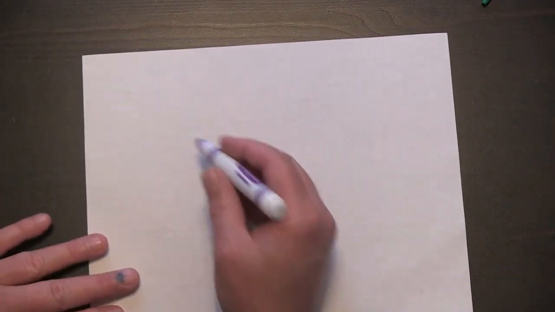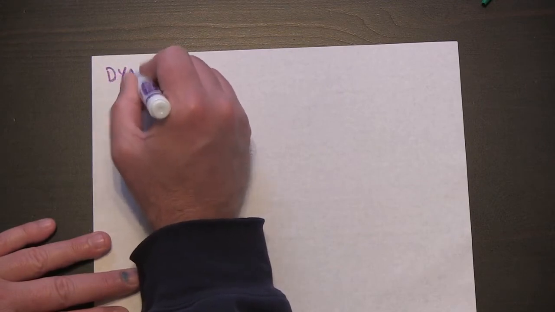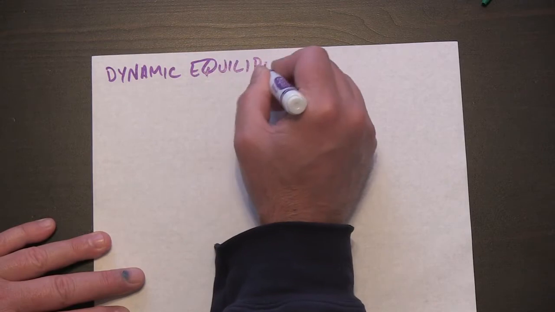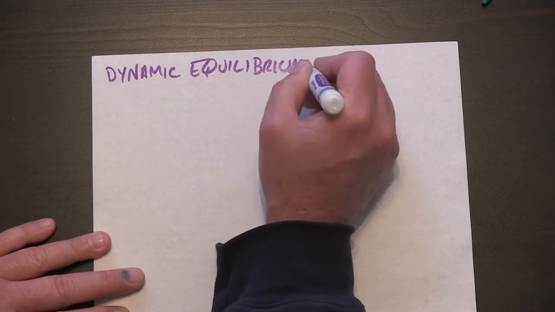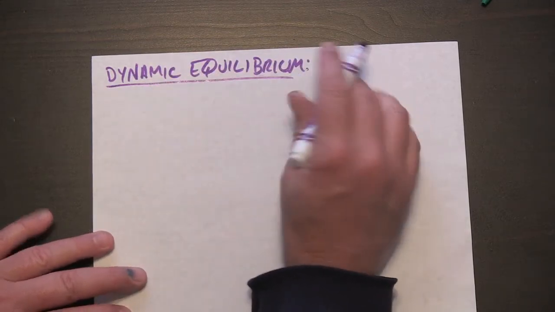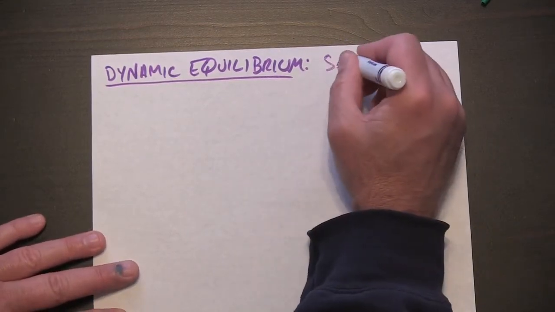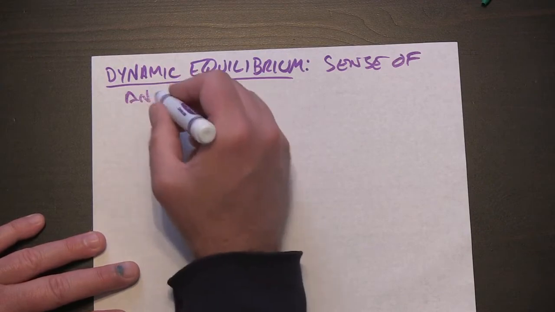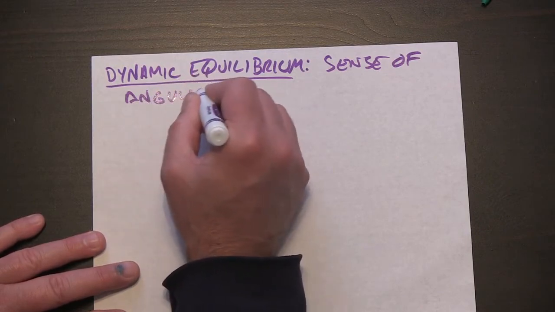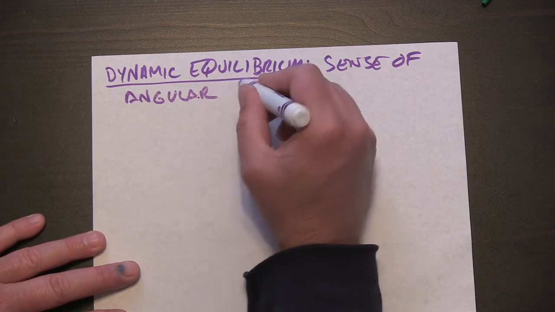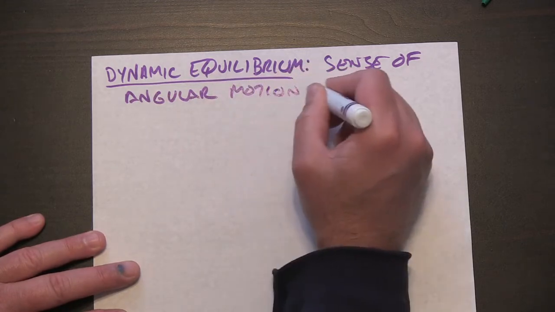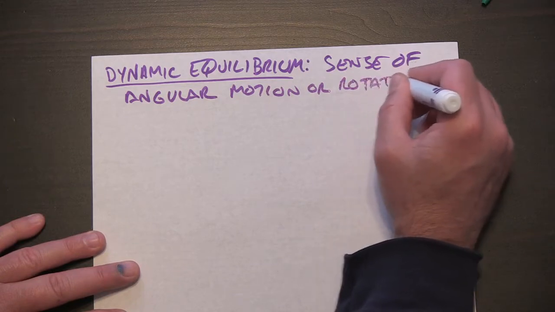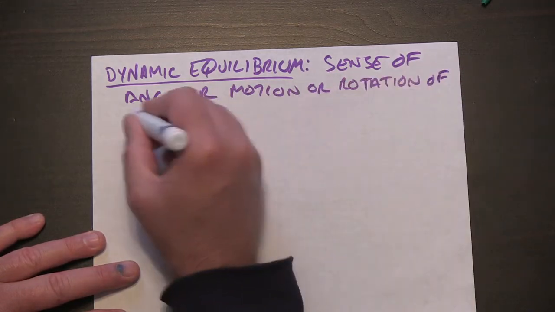Now, if we compare that to dynamic equilibrium, this is the sense of what's called angular motion or rotation of the head.